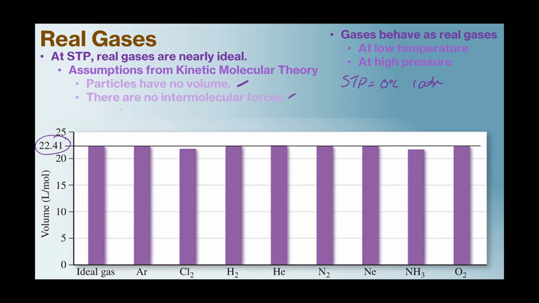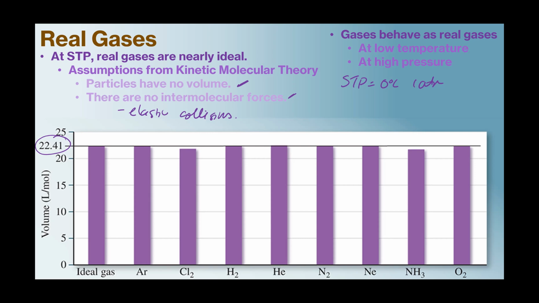So this is assuming that we have elastic collisions, meaning that the molecules bounce off of each other and they don't lose momentum. That momentum is conserved during the collision. Most of the time, under normal laboratory conditions, the ideal gas law is fine.